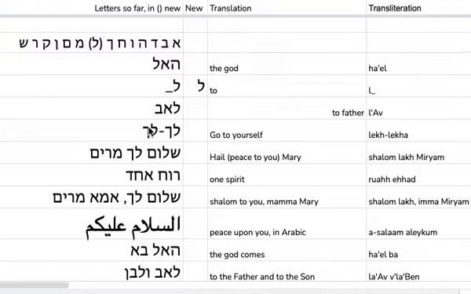But the Hebrew interpretation is lech lecha means go to you. So this would be a to, and then the ch is you, second person, singular, masculine. Lech lecha, go to yourself.